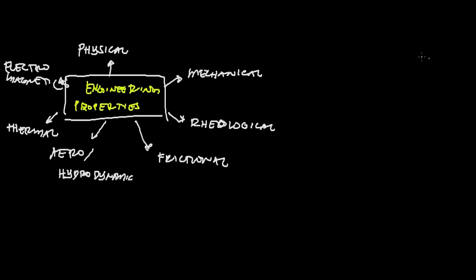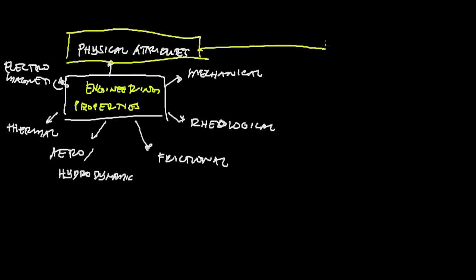So instead of saying physical properties, we will be calling it the physical attributes or characteristics of AB materials. We will be discussing more of this for this entire video.